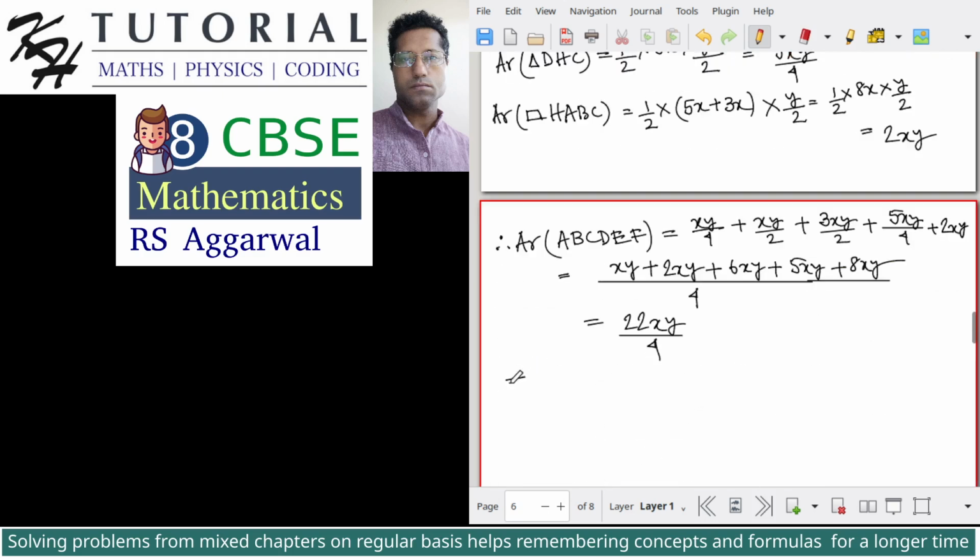So this implies that 22xy by 4, the area of the whole hexagon, is equal to A given. So y is equal to 4 by 22x multiplied by A. If we divide by 2, we have 2A by 11x.